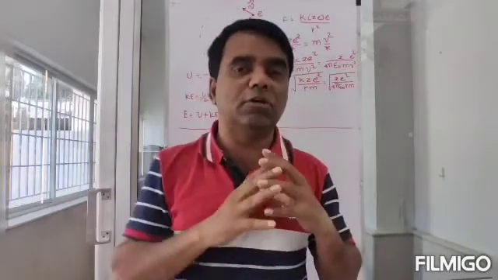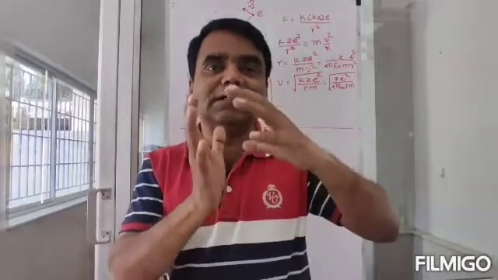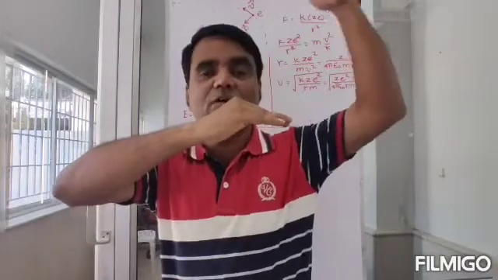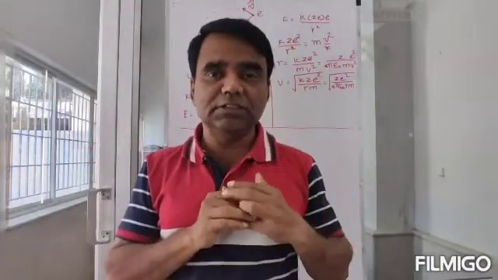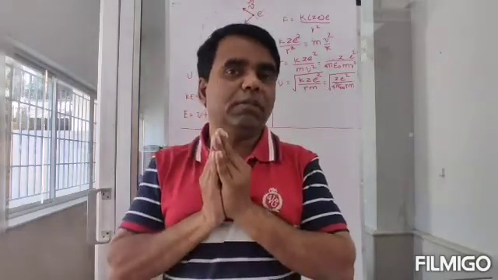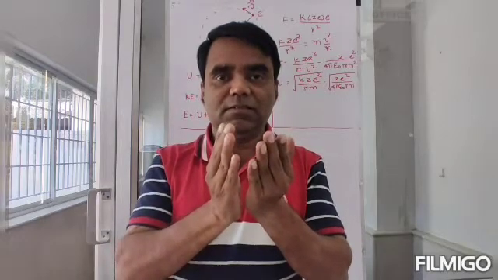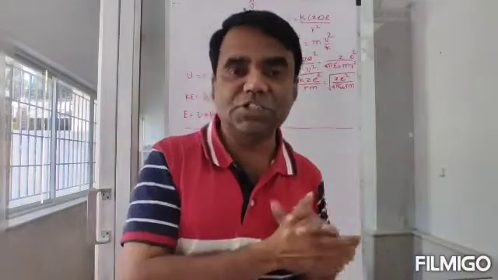The third stable orbit will have 3h by 2 pi. So the angular momentum of the electrons will be different in these orbits, and they are given by this expression, angular momentum L is equal to nh by 2 pi. And once you get this, then these equations will become much simpler.